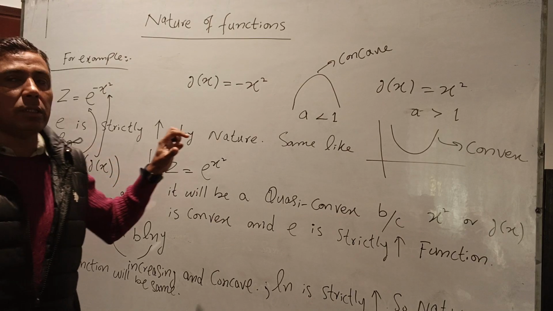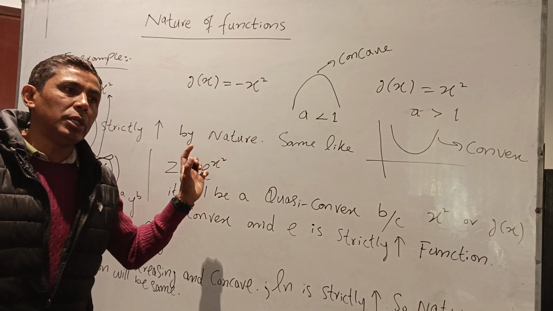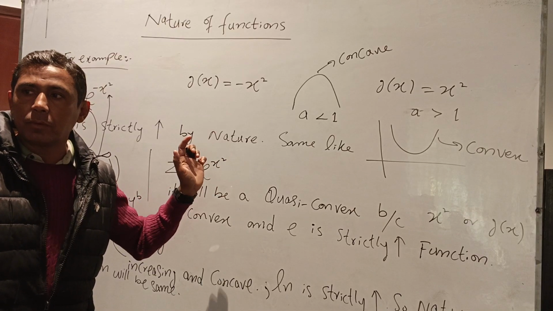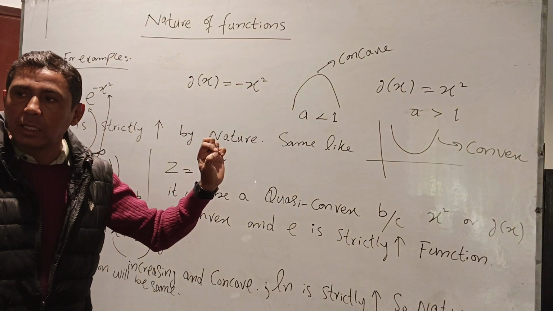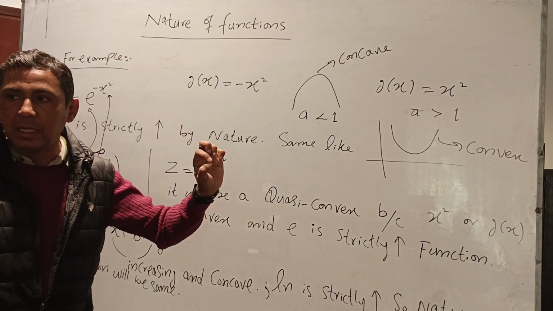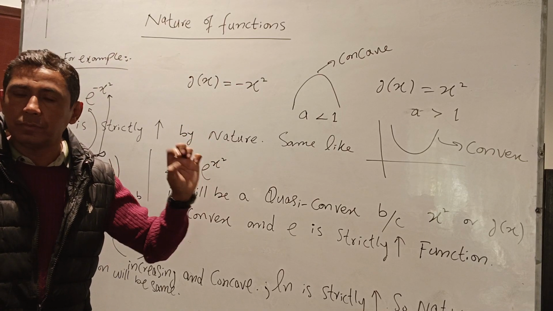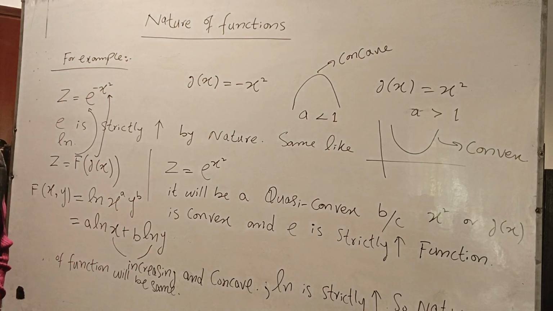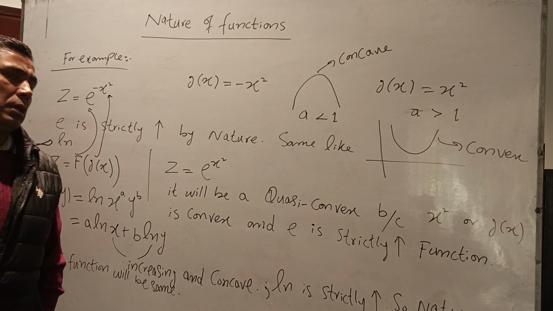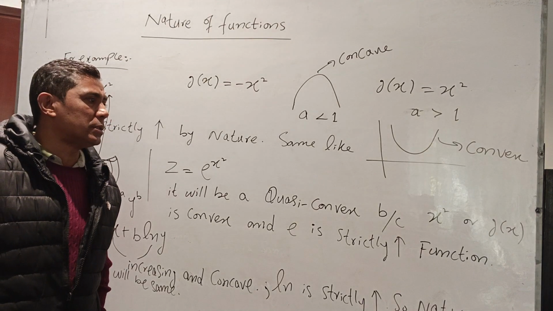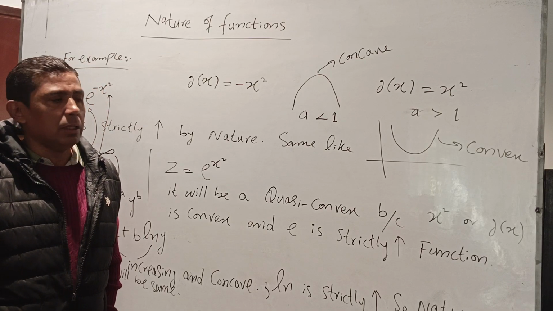That's why we assume these are quasi convex or quasi concave, because we do not know the initial nature of the function. Either the function increases with an increasing rate, increases with a decreasing rate, or increases with a constant rate.